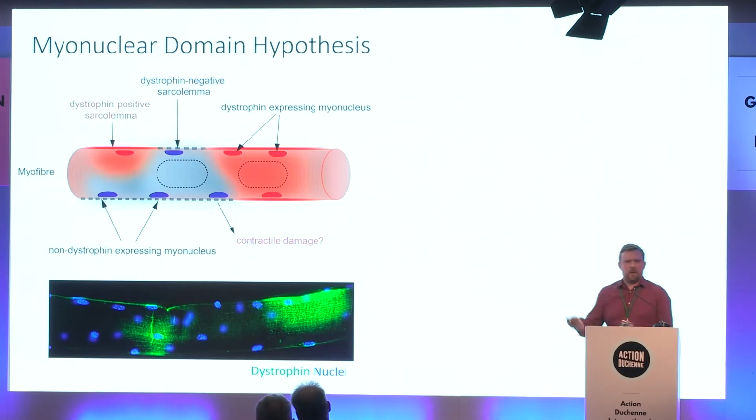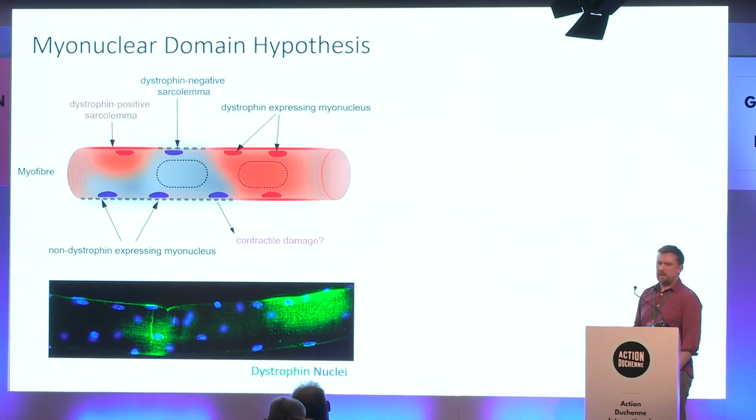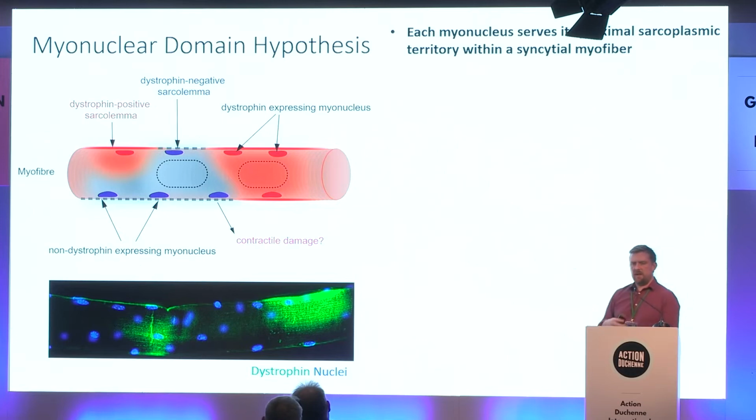So to kind of unify these concepts, I just want to draw your attention to the myonuclear domain hypothesis. And this is basically the idea that each myonucleus in a myofiber serves its surrounding area of cytoplasm in terms of the gene products that the muscle cell needs.